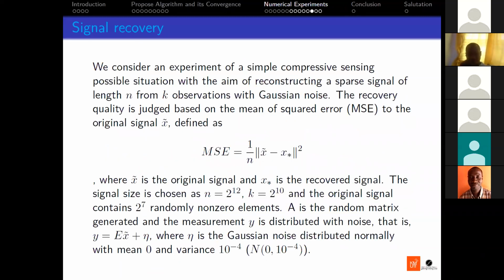Yeah. Okay, here. I wonder where this matrix is used in your method, because I only see that you model your recovery problem with y equals E x tilde plus eta. So where is A in your problem?